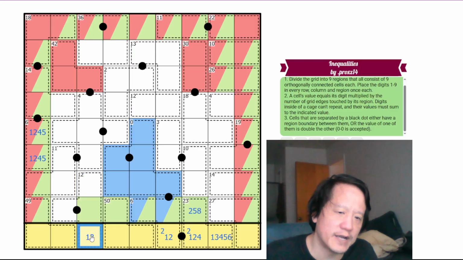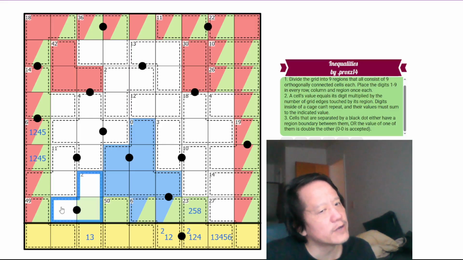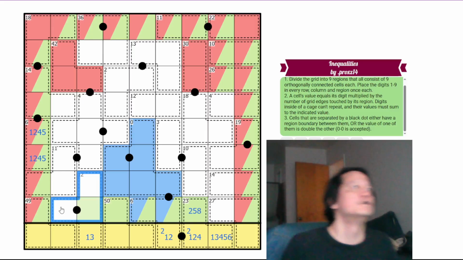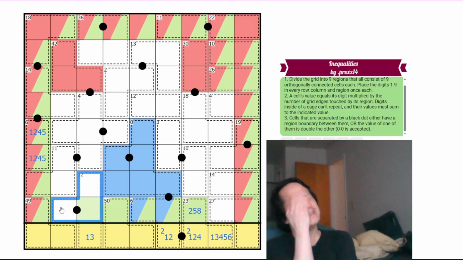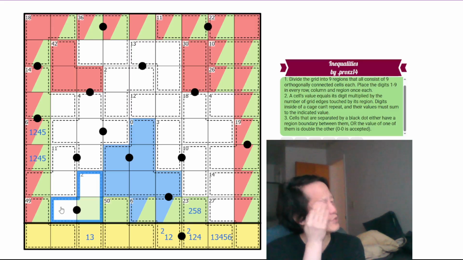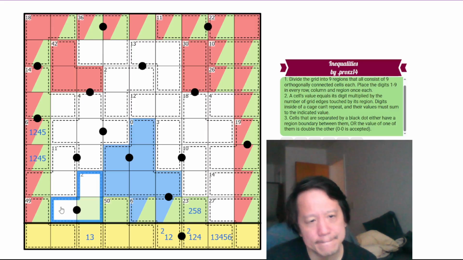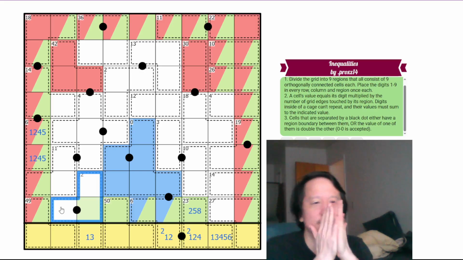Even if we have 9, if we have 3 here. Oh, it could be 2, 3, 4. Never mind, that could actually work. 2, 3, 4 adds up to 9. 1 times 3 is 3, obviously. 9 plus 3 is 12. So it could be all 3. Ooh, okay. Never mind.